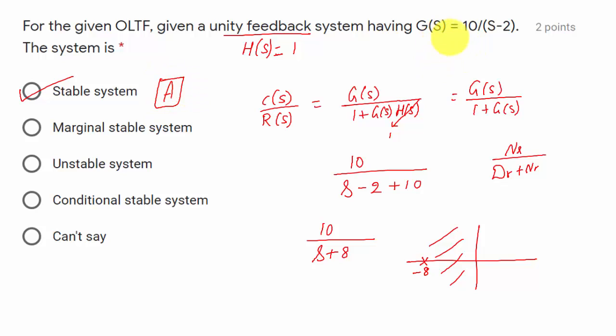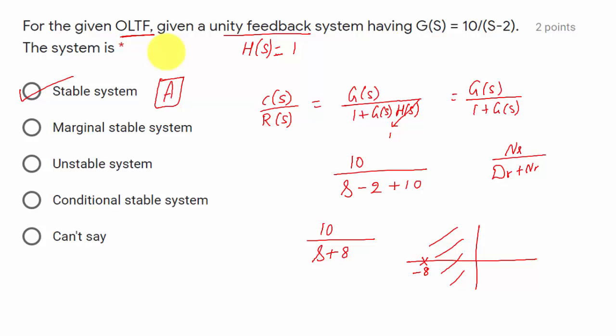By looking at the values of loop gain, that is G(s)H(s), you can't tell whether the system is stable, conditionally stable, marginally stable or unstable. In the case of an open loop transfer function, if the system tends to be unstable, then in the case of a closed loop system, if you provide a suitable feedback, the system may tend to be stable.